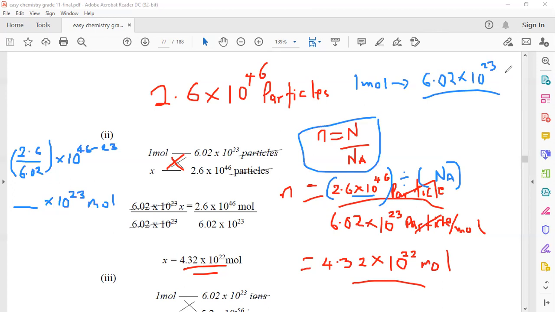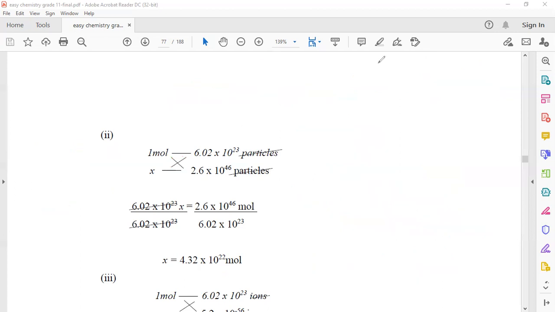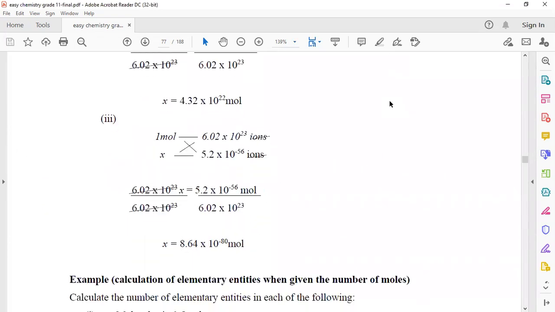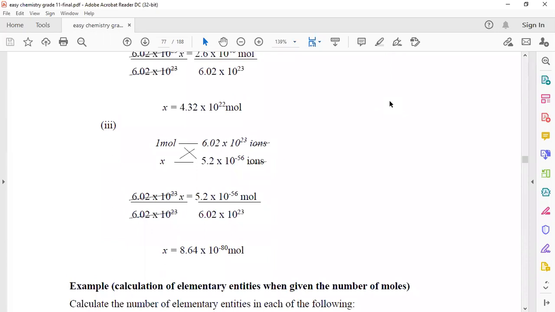So this number can represent protons, electrons, neutrons, it can be the molecules, it can be particles, it can be atoms, it can be ions. So always remember this relationship when we are talking about the elementary entities. So those examples that were given, this is how we get the number of moles.